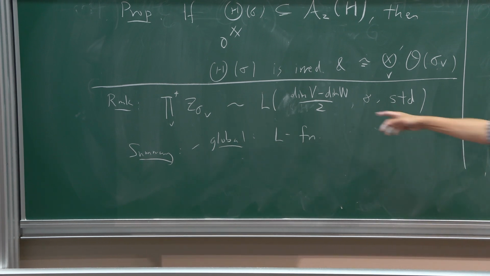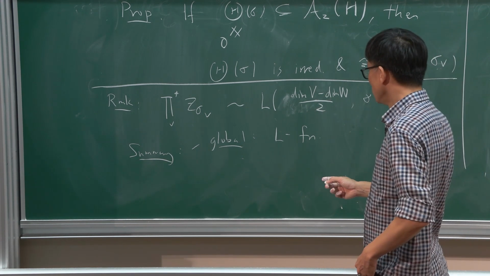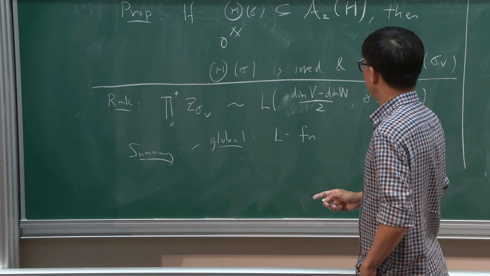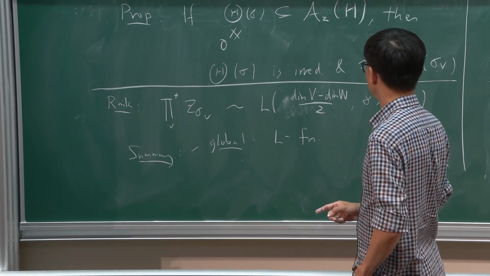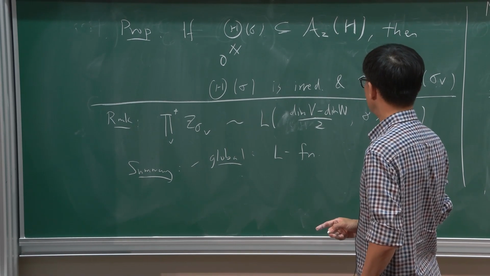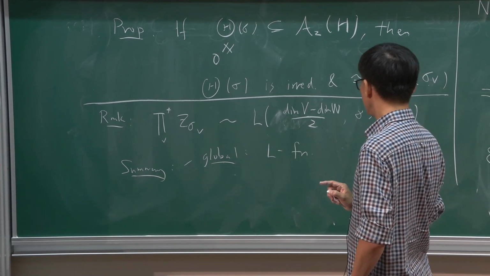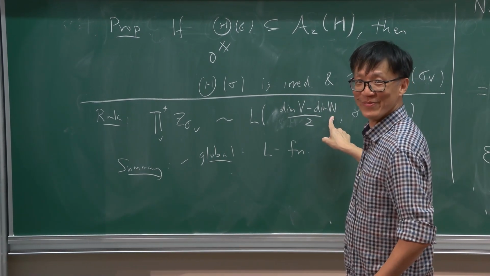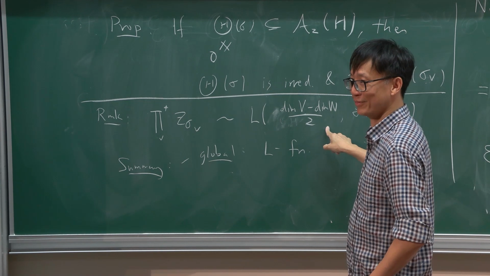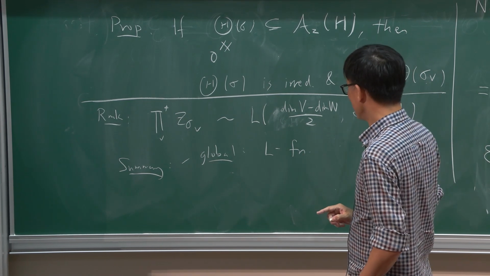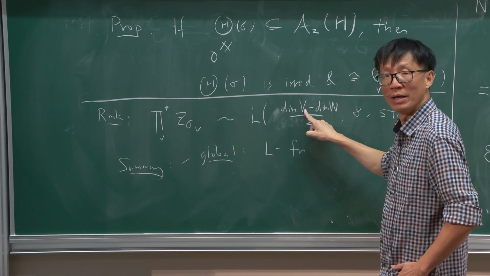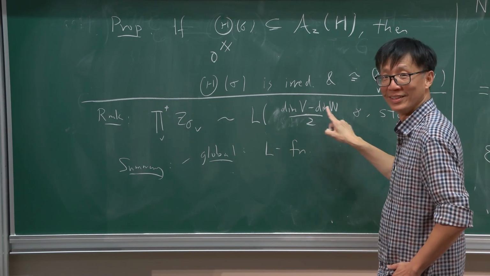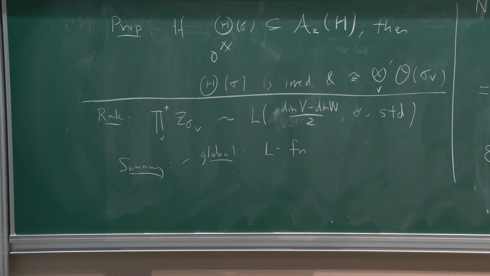Okay, I'm assuming dimension of V is bigger than W, by the way, plus 1, right? Is it dimension plus 1? Maybe. I assume dimension of V is strictly bigger than dimension of W, so that this is at least half. Okay? For example, if V is 2n plus 1, this is 2n, then I'm exactly at half. I think this seems okay to me.